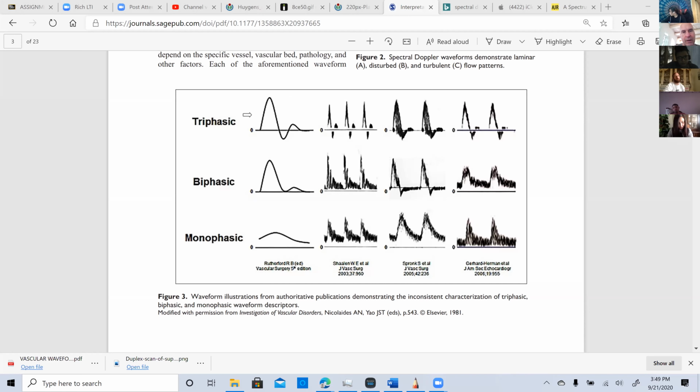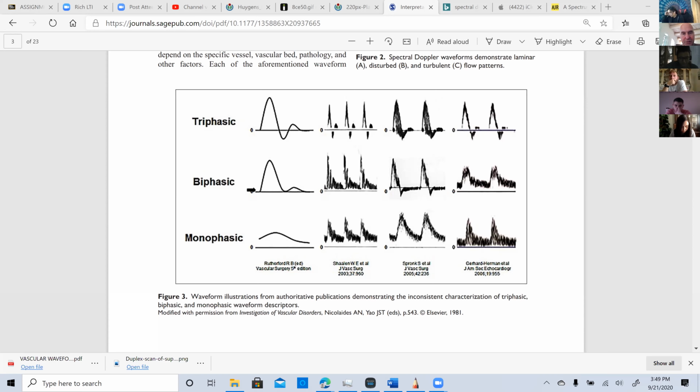So I got a little arrow and that works. Triphasic is pretty well established. That's one reason why I'm not afraid to use that term, because it really means above, below, above. It has to cross the line twice. So above, below, above, above, below, above, above, below. That works out pretty well.